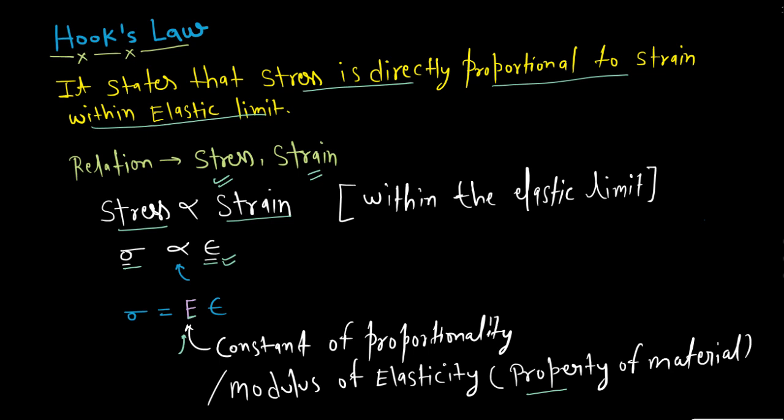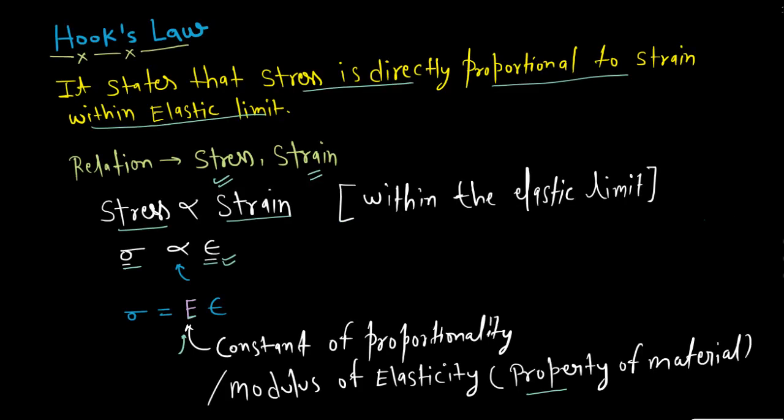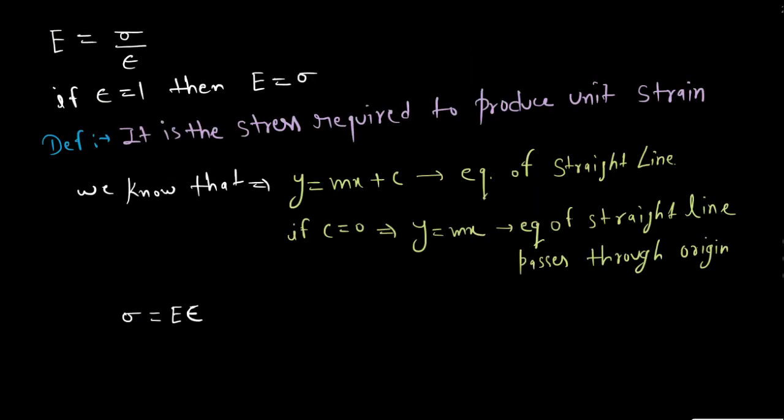So we have the equation sigma is equal to E epsilon. From this equation, E is equal to sigma by epsilon, and if I take the value of epsilon as 1, then E is equal to sigma.